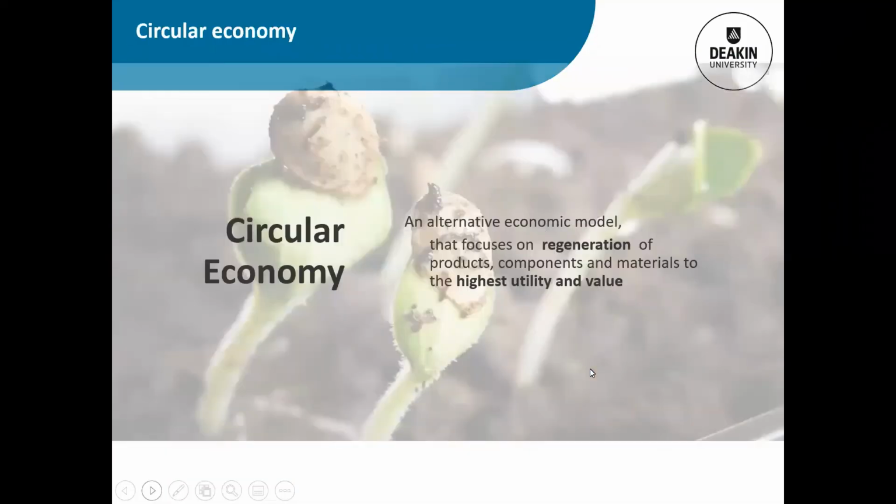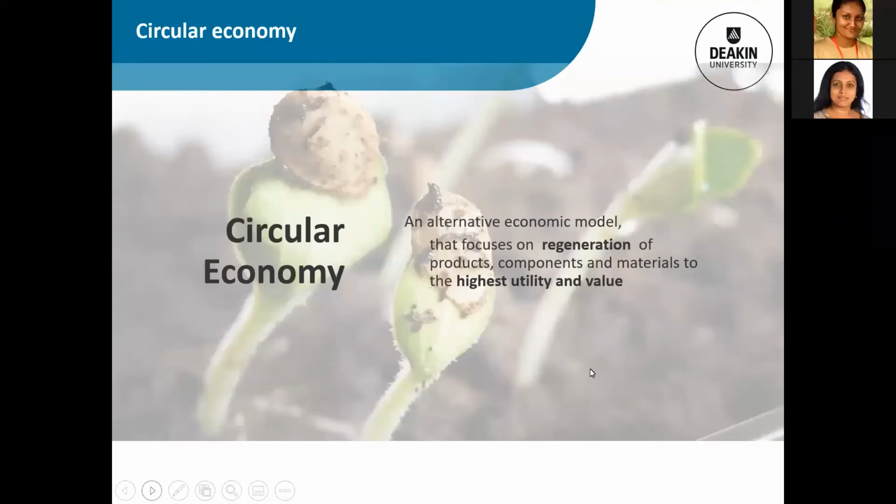So how is that possible? If I go back to the definition, a circular economy is an alternative economic model that focuses on regeneration of products, components, and materials to the highest utility and value. I'll explain a bit more in the next couple of slides.